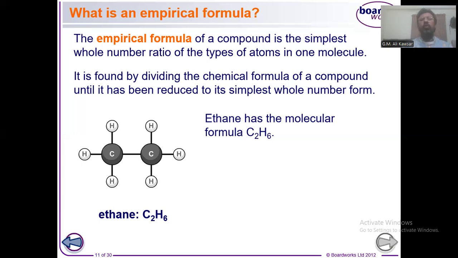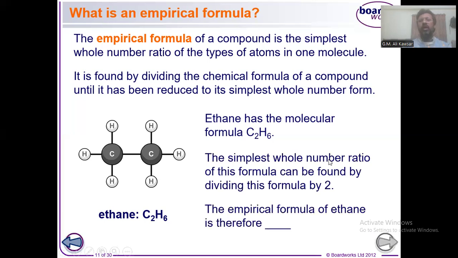So the empirical formula of ethane is CH3, because if we simplify C2H6, it will be CH3, right? And the empirical formula always reflects the simple ratio.